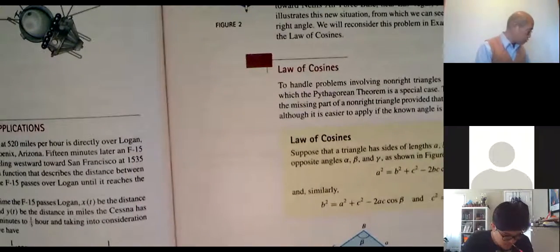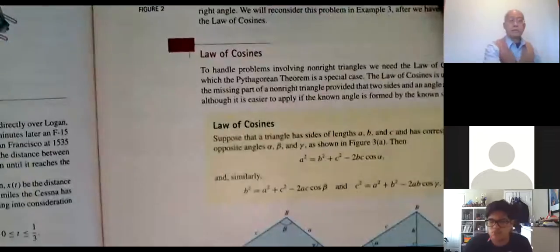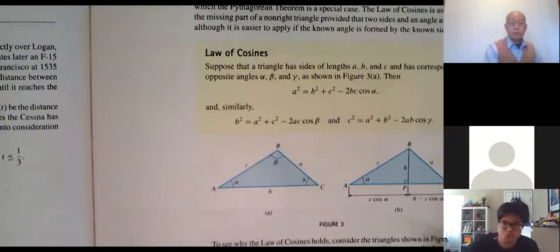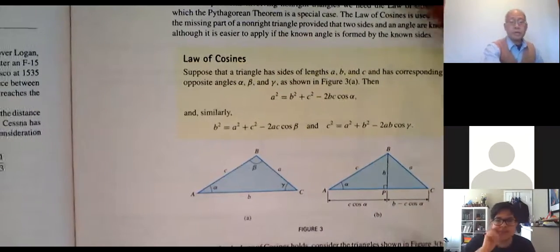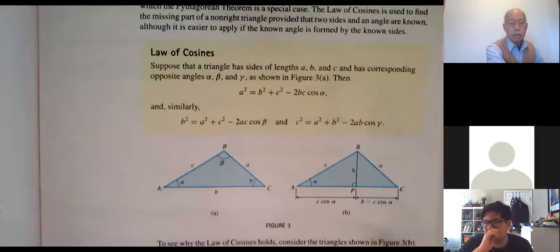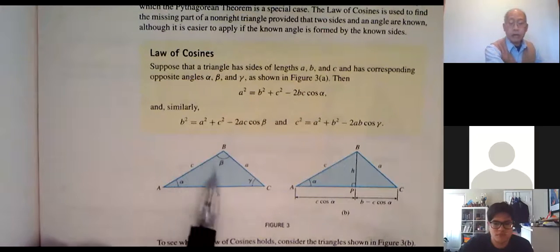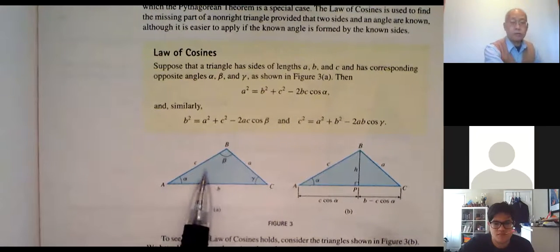So 4.9, we have the law of cosines and the law of sines that you've probably had previously in your trig class. The law of cosines and the law of sines apply to any triangle. You don't necessarily have to have a right triangle, although it works for right triangles also.